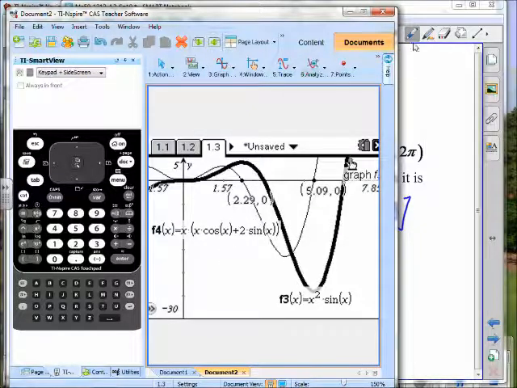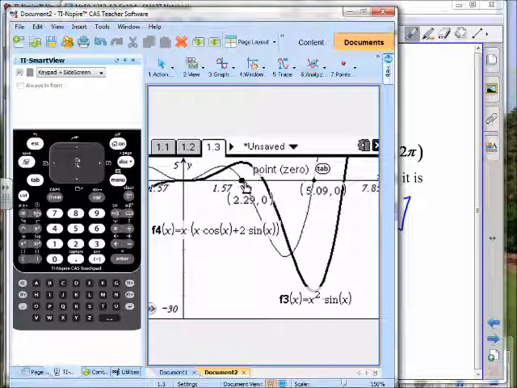So if I'm looking then to the left of this point, my first derivative is positive to the left of that point. How do I know my first derivative is positive to the left of this point? Is the first derivative increasing?